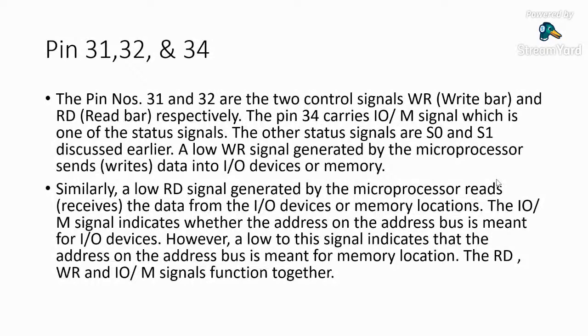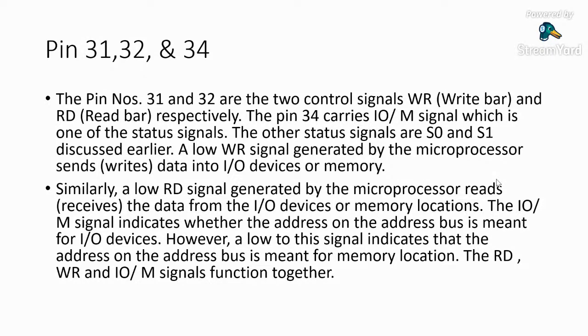So we have pins 31, 32, and 34, which are the read-write signals. Pins 31 and 32 are the two common control signals, write and read respectively. Pin 34 carries the IO/M signal, which is one of the status signals.